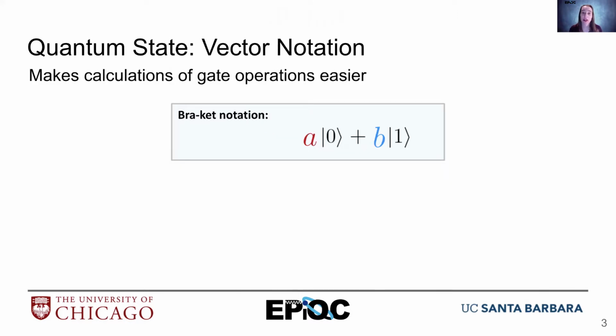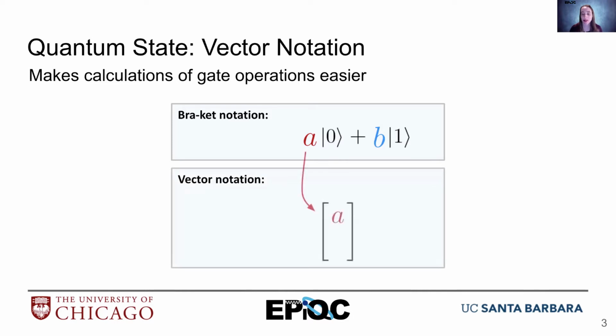Vector notation you might think is no different, but it turns out that vector notation is really important for making the calculation of gate operations. So we're going to store it as a vector. What is a vector? A vector is just a way of storing a list of numbers, of depicting the storage of a list of numbers. So we can see we have sort of a long bracket here.